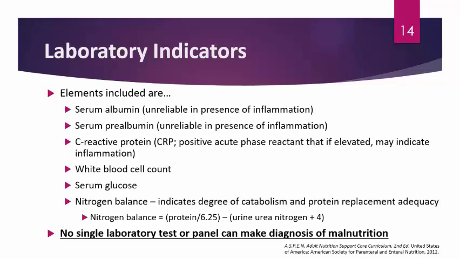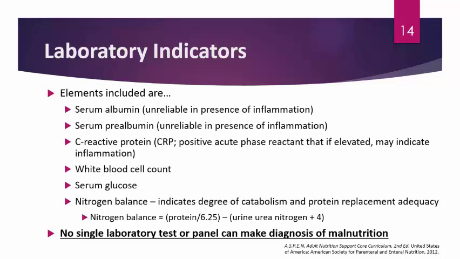With serum albumin and serum prealbumin, the difference between albumin and prealbumin is that albumin actually has a longer half-life where prealbumin is much shorter. And prealbumin, as a result of its shorter half-life, may be a little bit more reliable than albumin in general. However, if you have any kind of degree of inflammation, these proteins will actually be altered in their production, and as a result, they're not reliable.